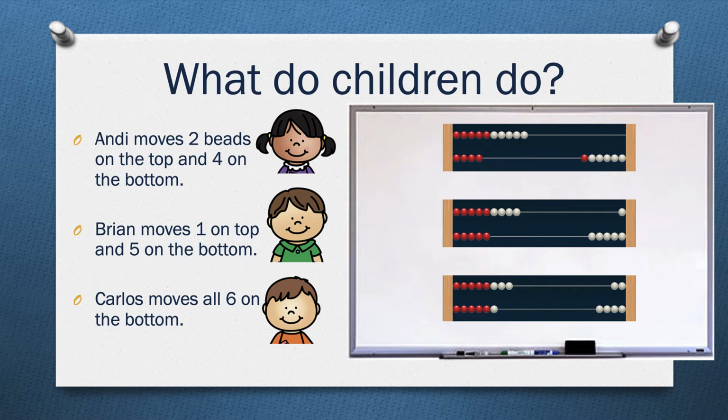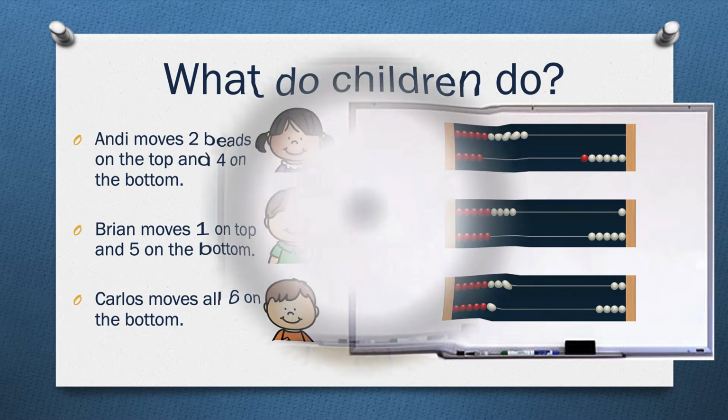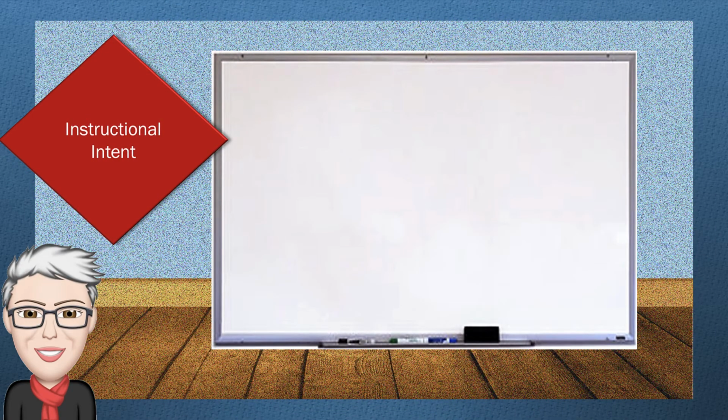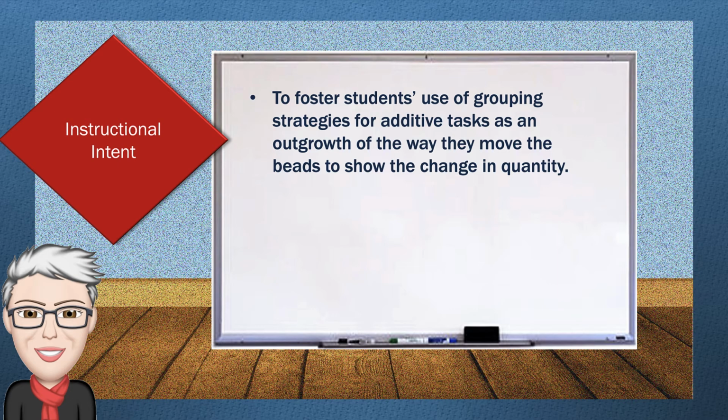Before we talk about how the discussion might proceed, let's remind ourselves of the instructional intent of this part 2 of the structuring numbers sequence. It is this: to foster students' use of grouping strategies for additive tasks as an outgrowth of the way they move the beads to show the change in quantity.